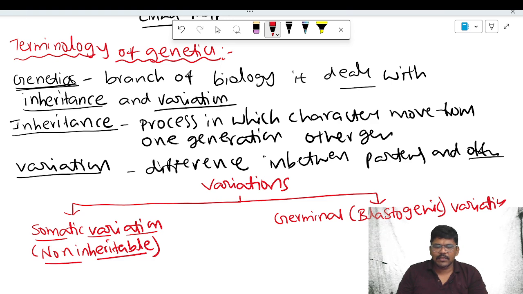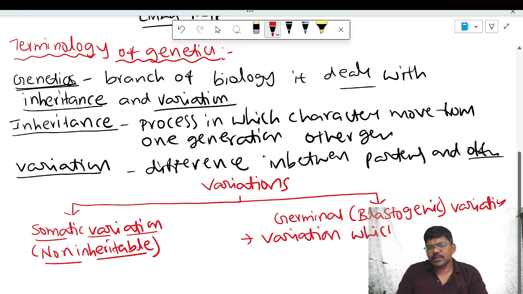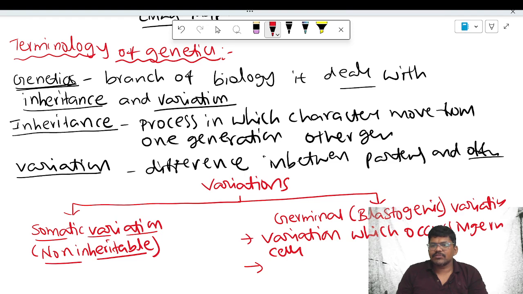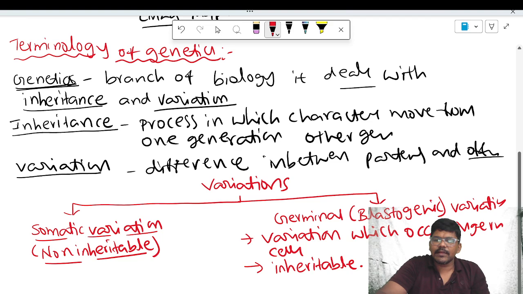Germinal variations are the variations which occur in germ cells. Germ cells are the cells which are going to form the gametes. Hence, germinal or blastogenic variations are inheritable, meaning they can transfer from one generation to another generation.